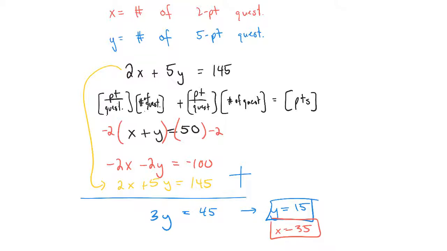So I would start by saying, there are 35 2-point questions and 15 5-point questions. Literally making a verbal statement as to what my answers mean. Yes, I know that these variables make sense, and you defined them earlier, so I could probably go back and look and see what it was, but you need to understand what it is, and I need to know that you understand what it is on the test. So a verbal statement at the end of these problems is pretty essential.